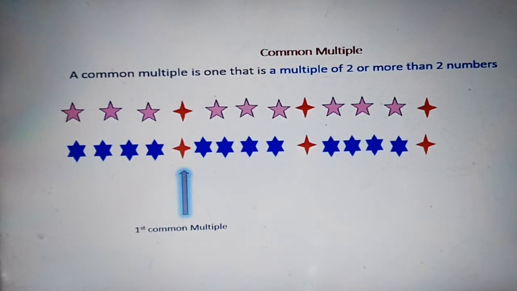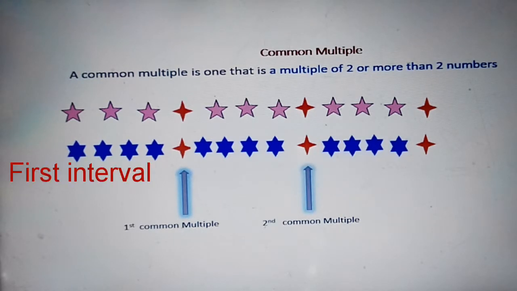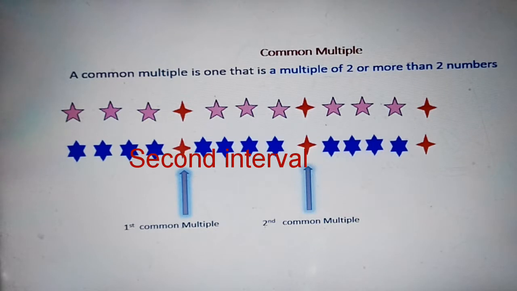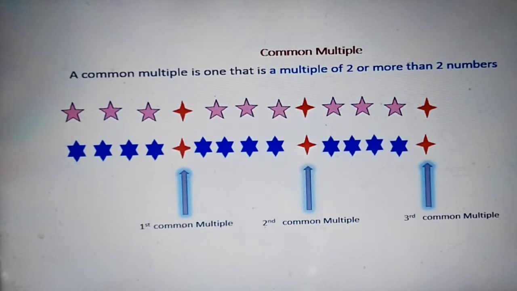The first common is our first common multiple, and after the same interval we find that the shape in red repeats itself, so it is the second common multiple, and after the same interval we have the third common multiple. As the process of multiples goes on, we get even larger multiples.